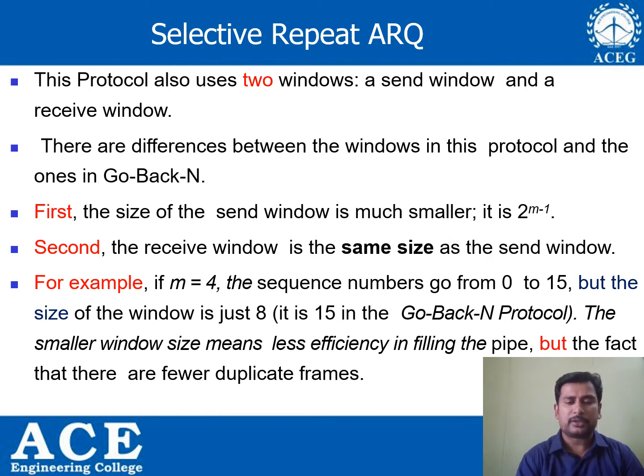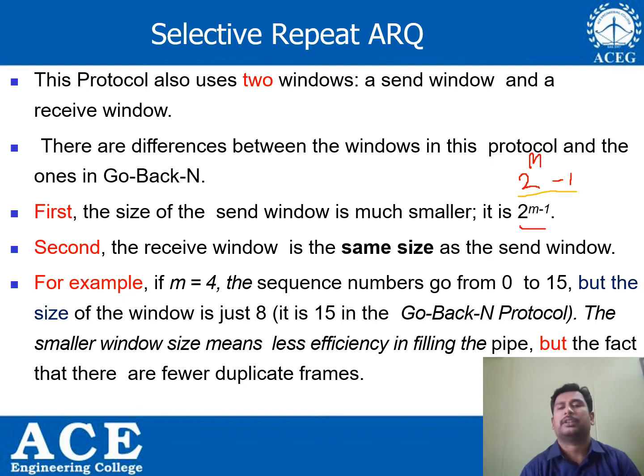In Go Back N ARQ, the size of the window is 2 power m minus 1. Here, the size of the window is 2 power m minus 1, so there is a difference between the two window sizes. You can definitely find that the sender's window size of Go Back N ARQ is much greater than that of Selective Repeat ARQ.